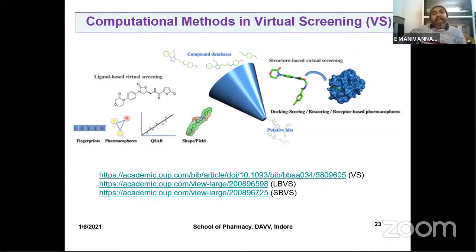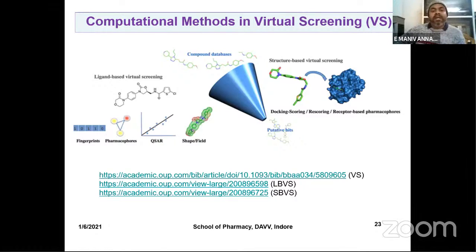So what are ligand-based virtual screening strategies? In ligand-based virtual screening strategies, more often quantitative structure activity relationship models are used, and molecular electrostatics of molecules; ligand information is taken into consideration for constructing the ligand-based virtual screening approach.